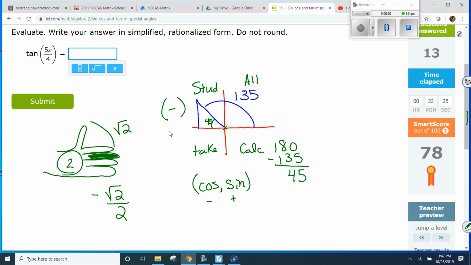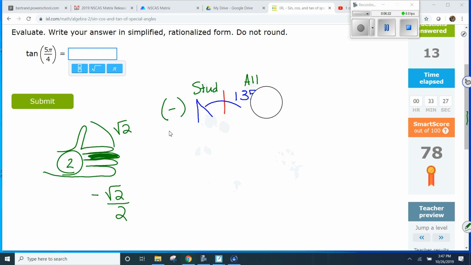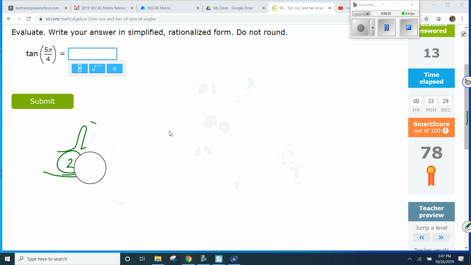Okay, so if we look at this next example, now you are dealing with the tangent of 5 pi over 4. So if I talk about 5 pi over 4, I like to look at it in degree measure. That's easier for me. You could look at your unit circle if your college professor had shown you that.